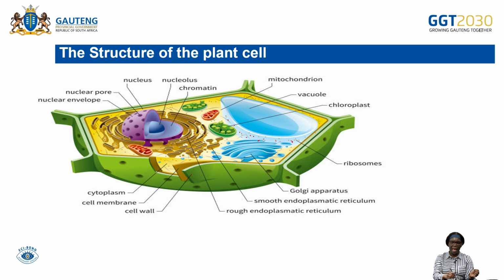You can't see them well, but they are just dot-like structures. These dots are known as what? Are known as the ribosomes. Ribosomes are also important for the formation of proteins. You will learn more about ribosomes in grade 12 next year.